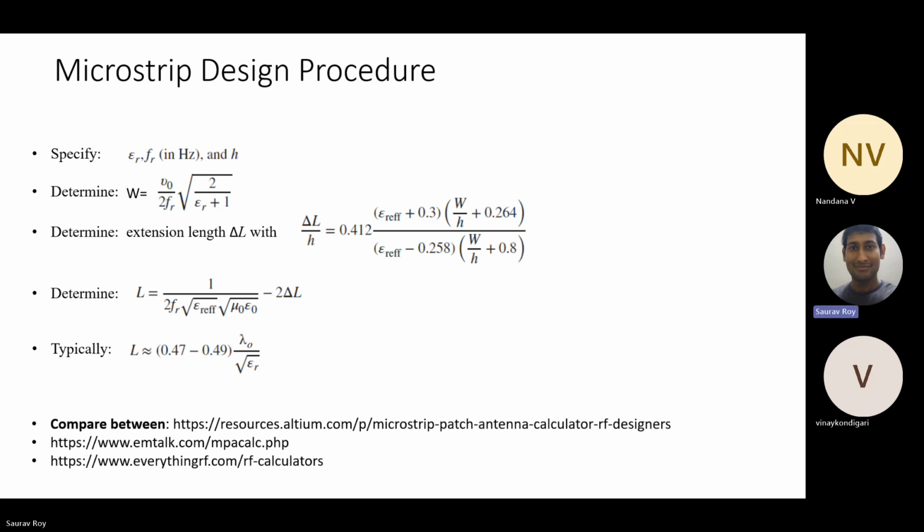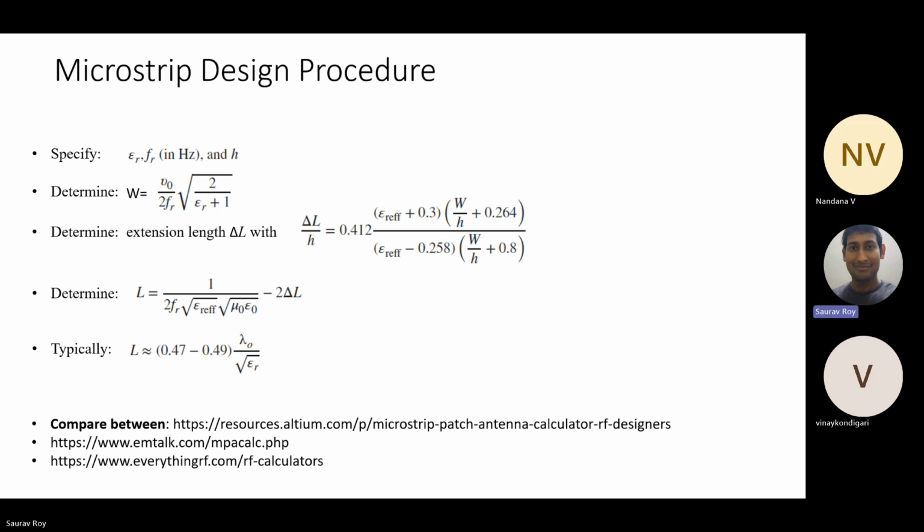Generally this length is given as lambda naught by root epsilon r, in the range of 0.47 to 0.49. Once you know epsilon r, fr and h, what you need is W and L, the width and length.